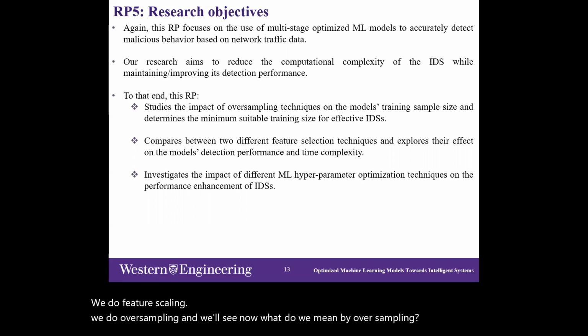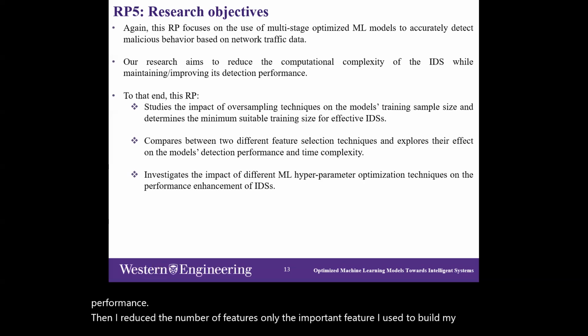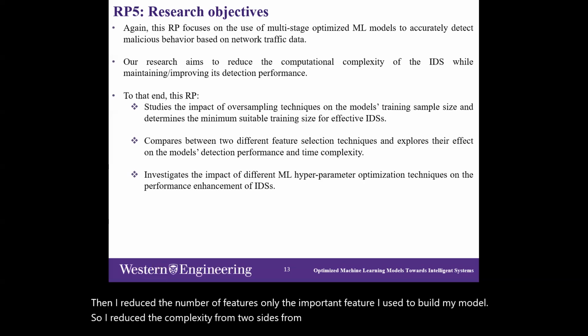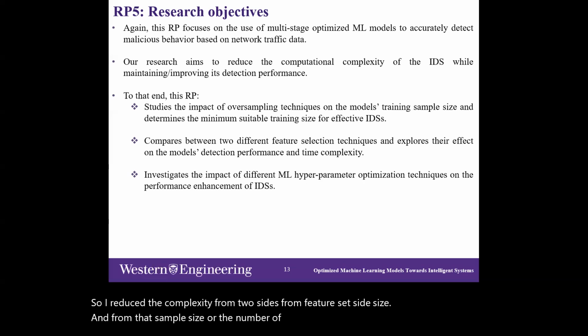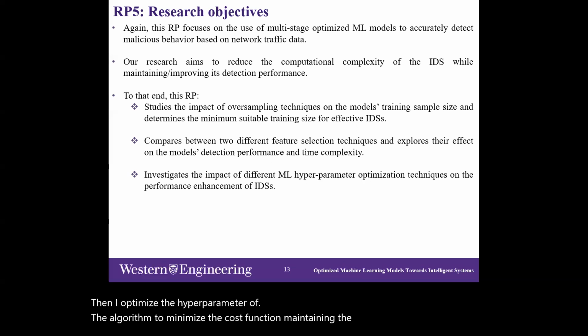Then I reduce the number of training samples required to train the model and get high performance. Then I reduce the number of features, only the important features I use to build my model. So I reduce the complexity from two sides, from feature set size and from the sample size or the number of records. Then I optimize the hyperparameters of the algorithm to minimize the cost function, maintaining the best performance that we can achieve.